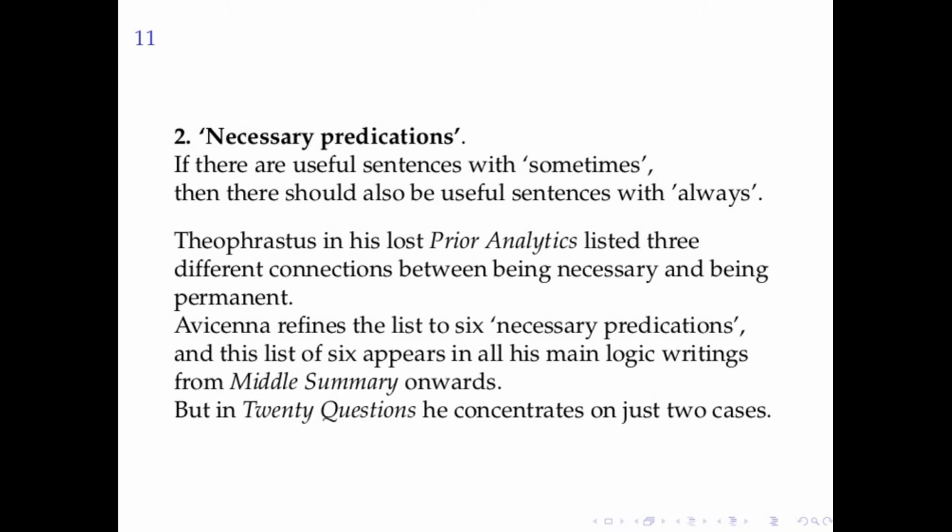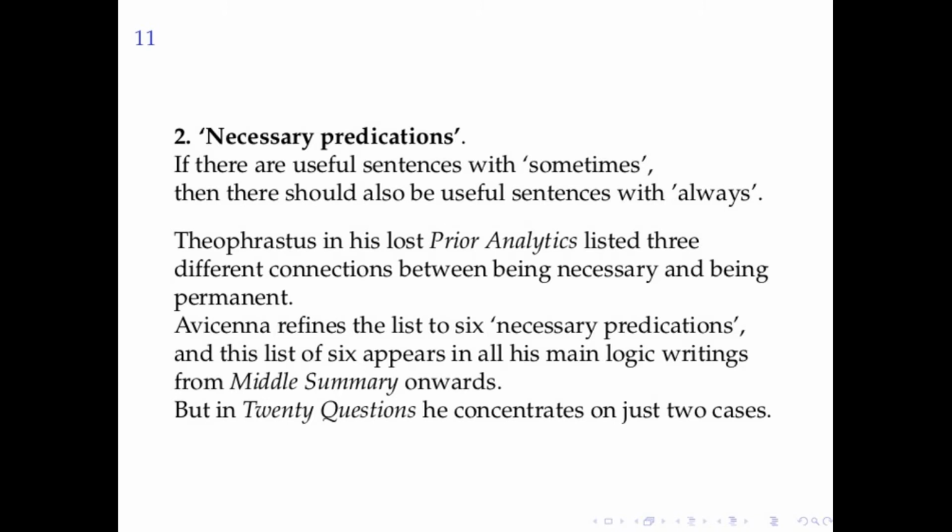And this list of 6 ways of expressing a kind of necessity by talking about permanence, Avicenna called necessary predications, and they appear in all of his logical writings from Middle Summary onwards.